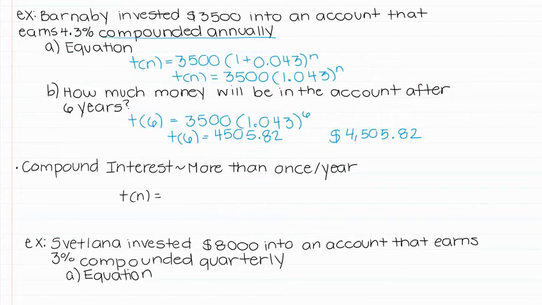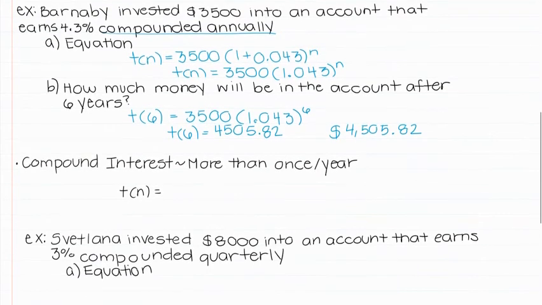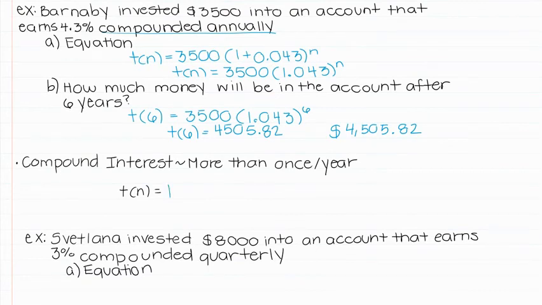All right, so our last one is compound interest that's compounded more than once per year. So it would say something like it's compounded monthly, daily, quarterly, weekly, semi-annually, and we'll talk about that as we look at this example. The formula for this is very similar to the one that we just looked at. So it's P times 1 plus, but instead of just R, it's going to be R over T, and then this is all to the NT power.